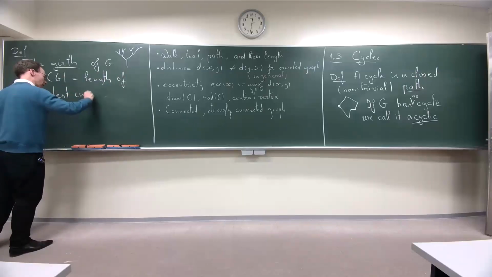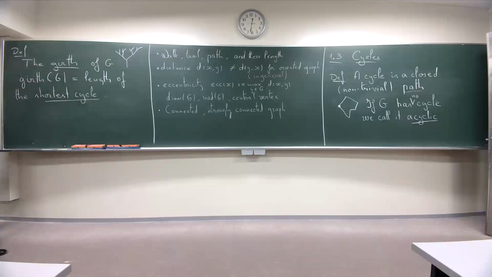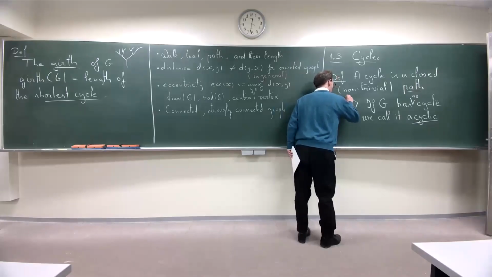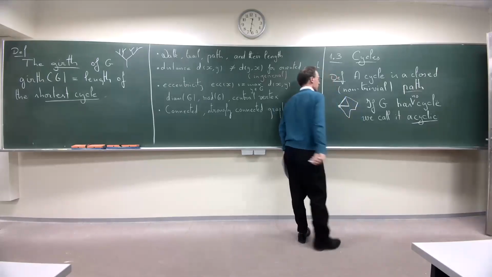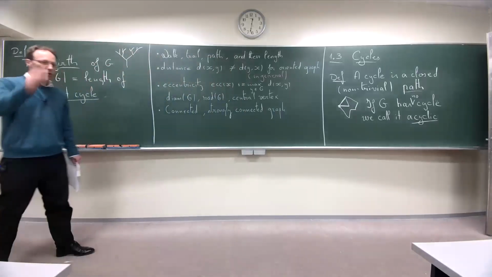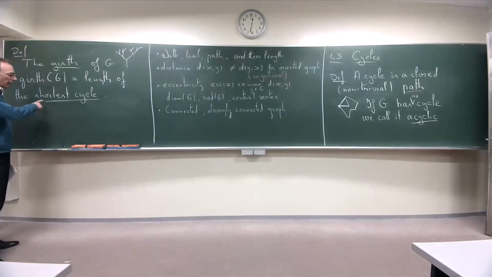And this length has a meaning at some places, the shortest cycle, because of course you can have different cycles, and the length of the shortest one is called the girth.